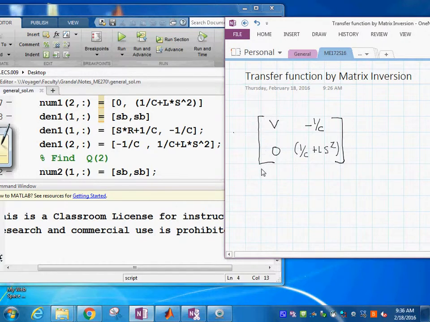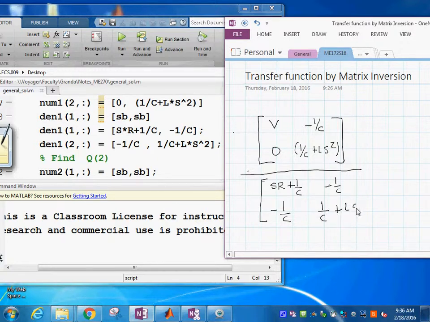So the denominator is defined as S times R plus 1 over C, and in here minus 1 over C. And then the second row is minus 1 over C, and then you have 1 divided by C plus L S squared, like this.